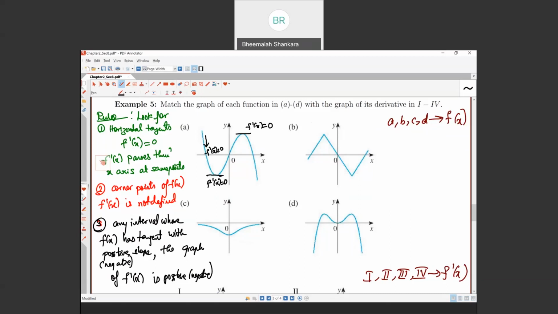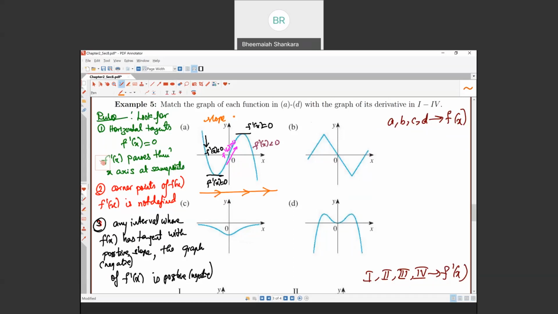Again, in this part of the curve, you can see the function is increasing. So you say f prime x is greater than 0. Then again, in the last part of the curve, f is going down, so f prime is less than 0. To start with, you're going to read the interval left to right.